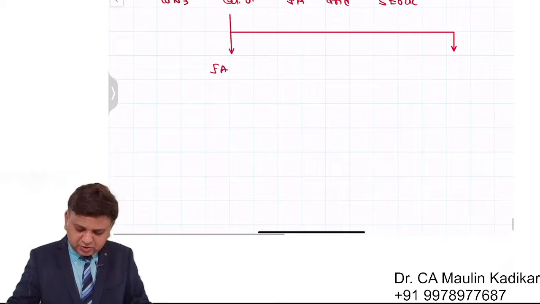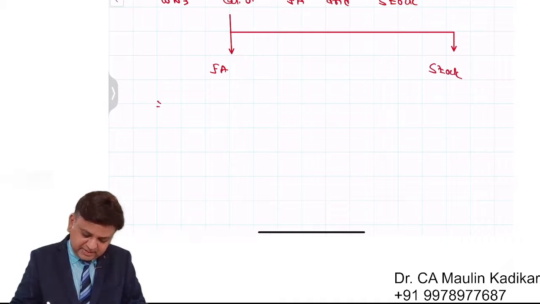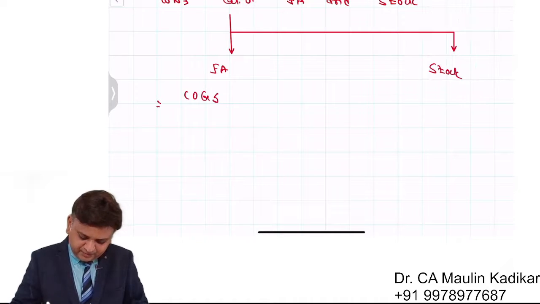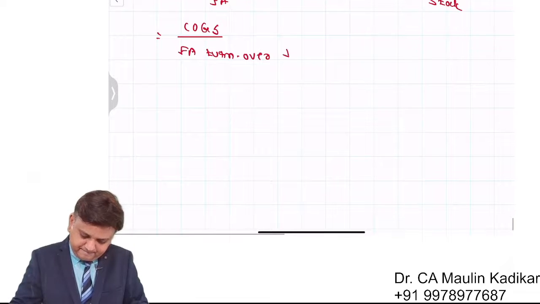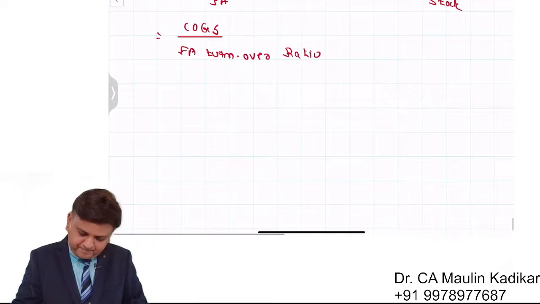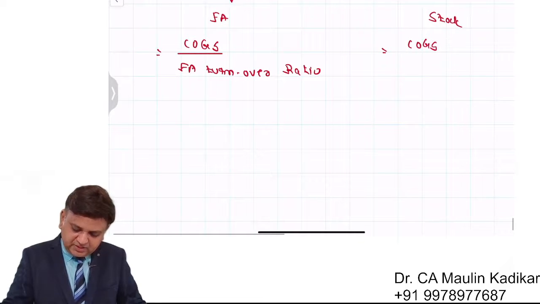Fixed asset will be calculated as COGS upon fixed asset turnover ratio, and in case of stock, COGS upon stock turnover ratio.